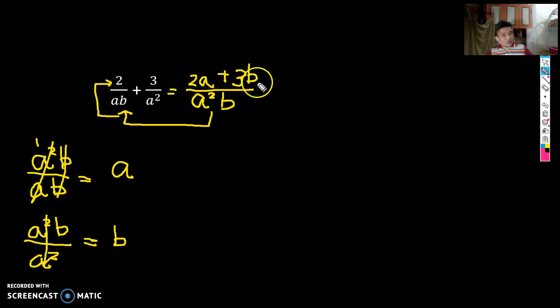It is not factorable and there is nothing more to simplify, so this is the final answer: 2A plus 3B all over A squared B.